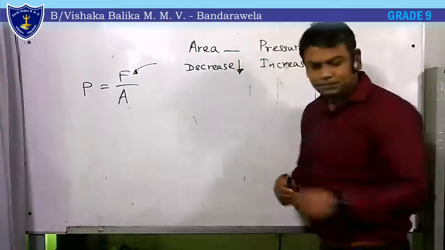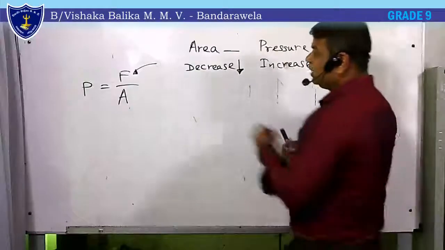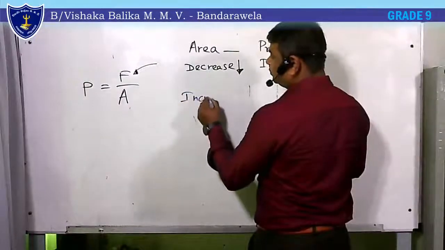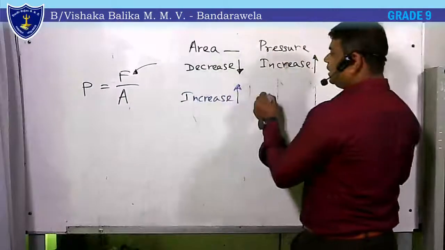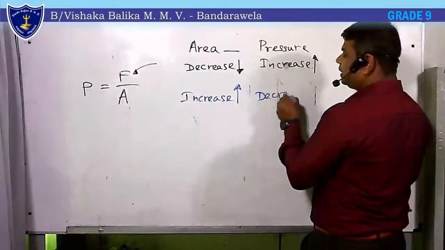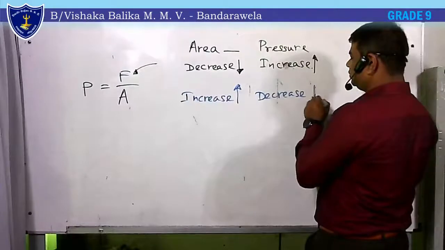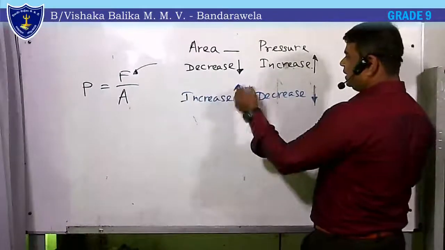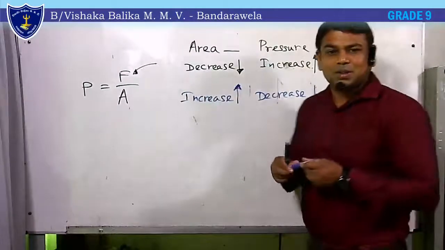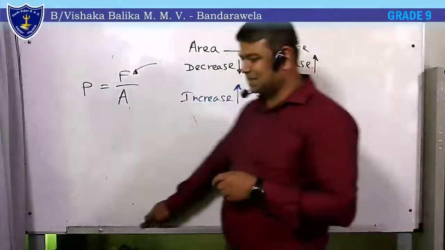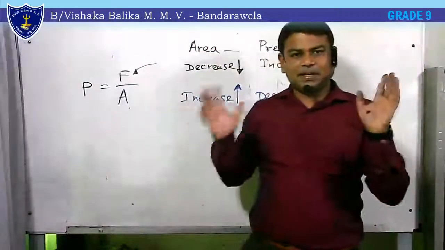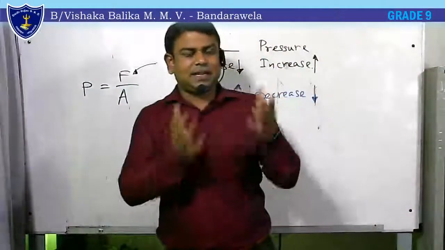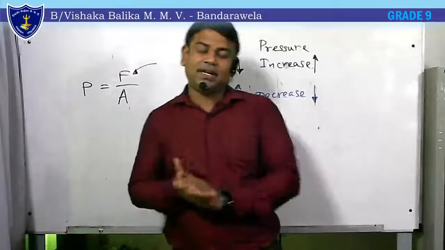If you increase area, then you can decrease pressure. Easy, very easy. So we have to discuss the instances where we decrease pressure by increasing area, or where we increase pressure by decreasing area.